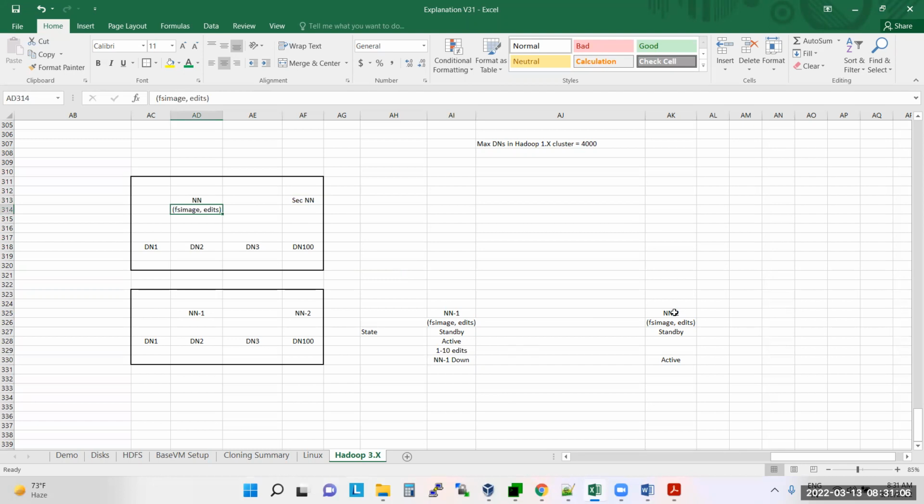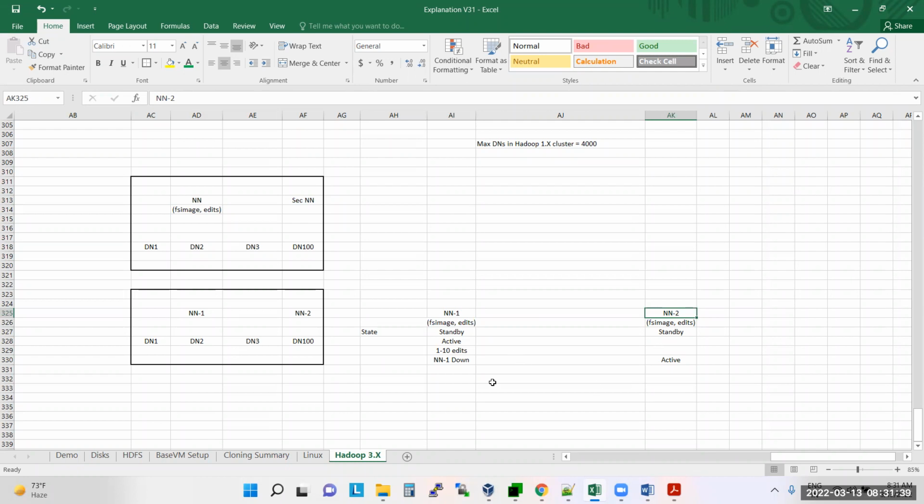But here, is it a secondary name node? It's not a secondary name node, right? Yes, sir. Secondary name node will contact the primary name node, but will this name node contact the secondary name node? No, right? So both the name nodes never contact each other. Got it? Yes, sir.